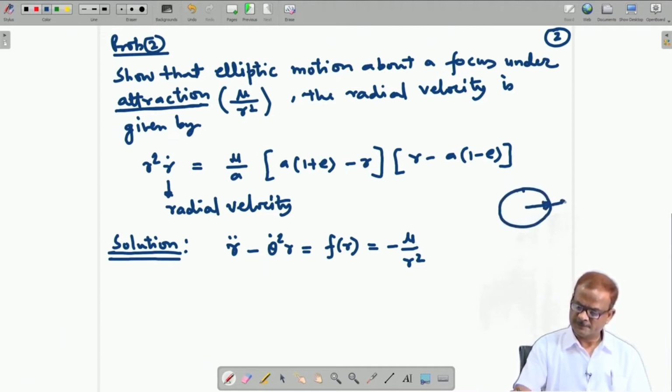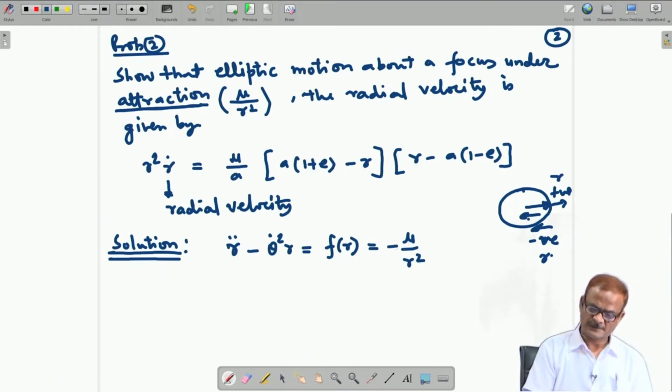This is the positive direction of r, and this is the negative direction of r. So we are putting a minus sign to indicate this is attraction.